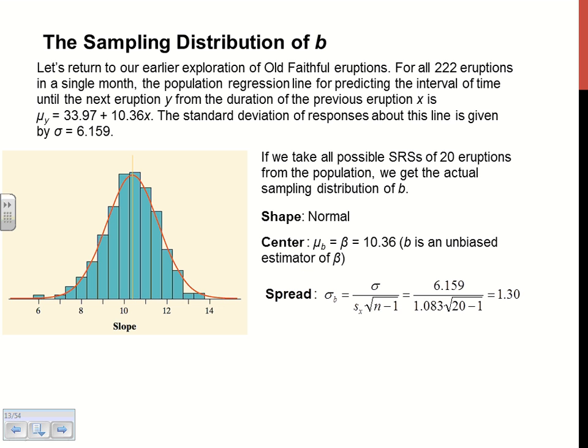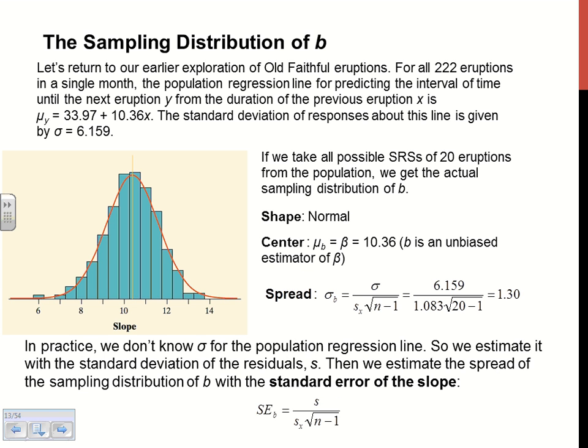So we can see it's normal, we can see the center, we can find the spread. In practice, we don't know sigma, so we estimate it with the standard deviation of the residuals. I don't know when you've ever had to do this by hand on an AP test or a test for me, but you need to identify it from the Minitab output.